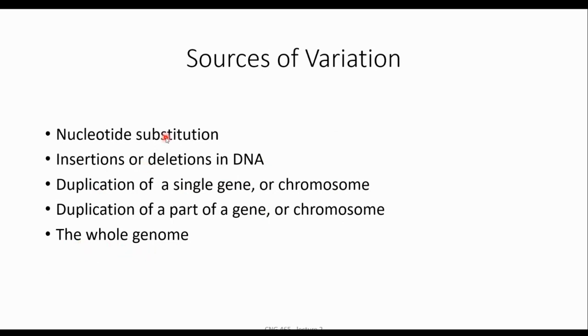It happens over so many years in the history of evolution. You should know about the sources of variation, and even a single nucleotide substitution. When we understand this, it can lead to a disorder, so we take everything very seriously here.